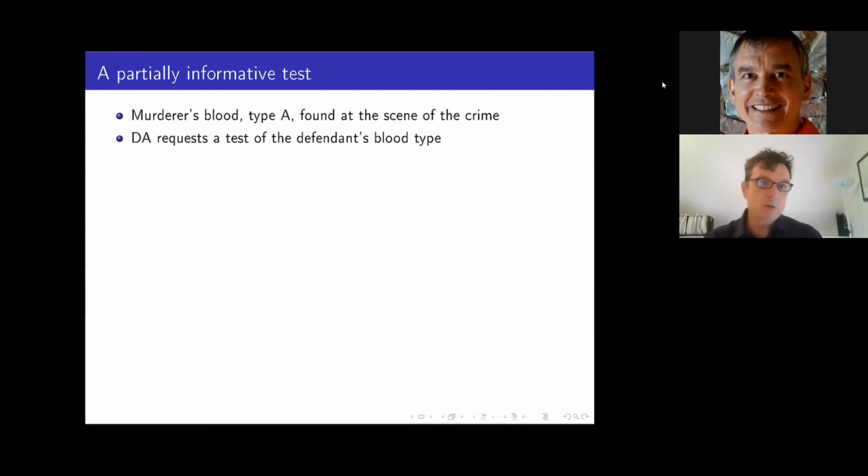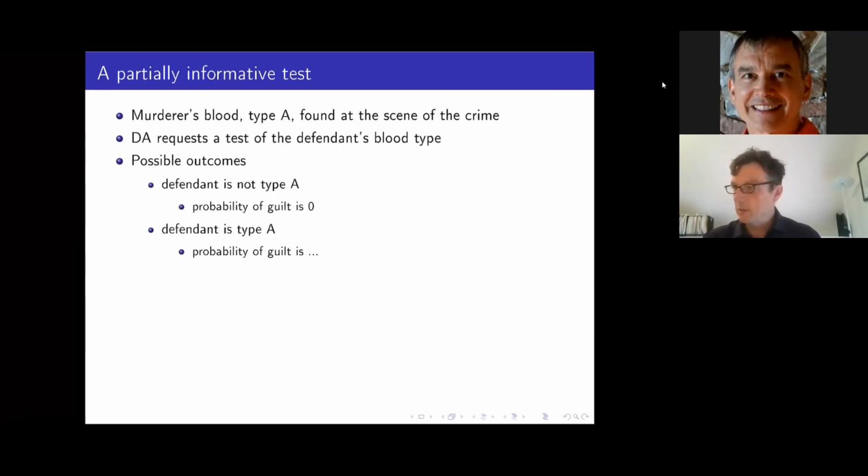Therefore, what the district attorney does is he requests the test of the defendant's blood type. The possible outcomes that are being generated by this test are quite simple to describe. The test is perfect in terms of identifying the blood type.